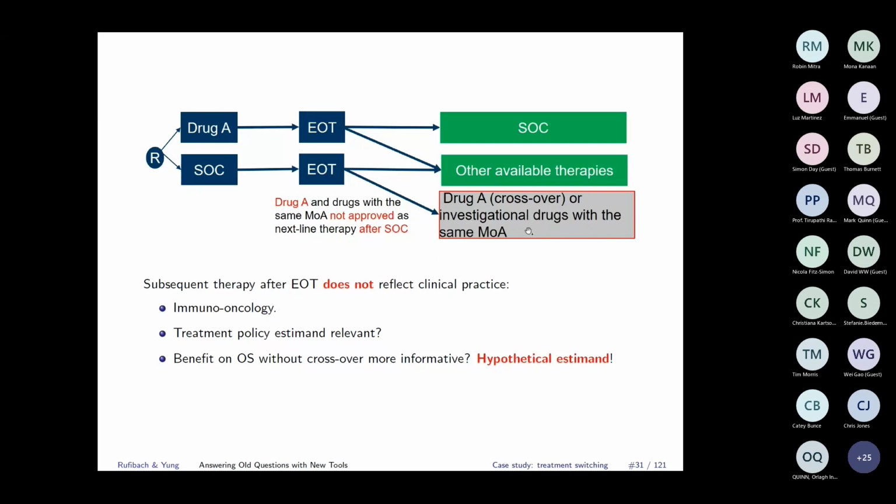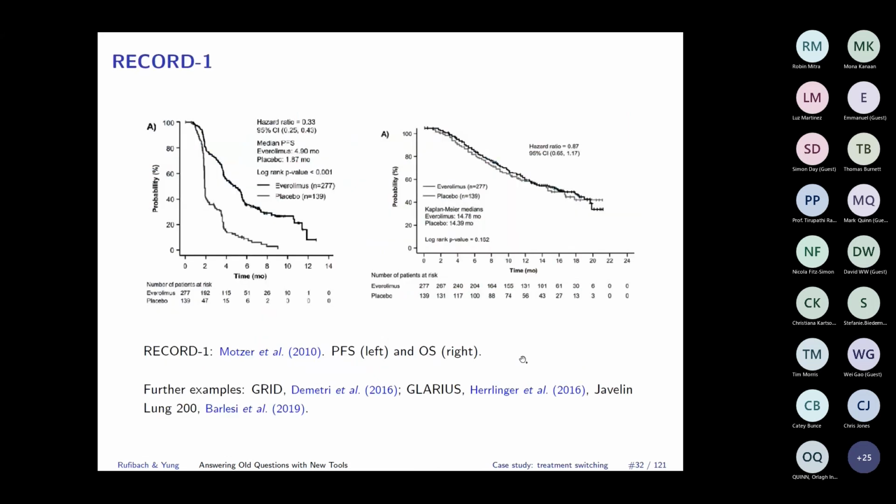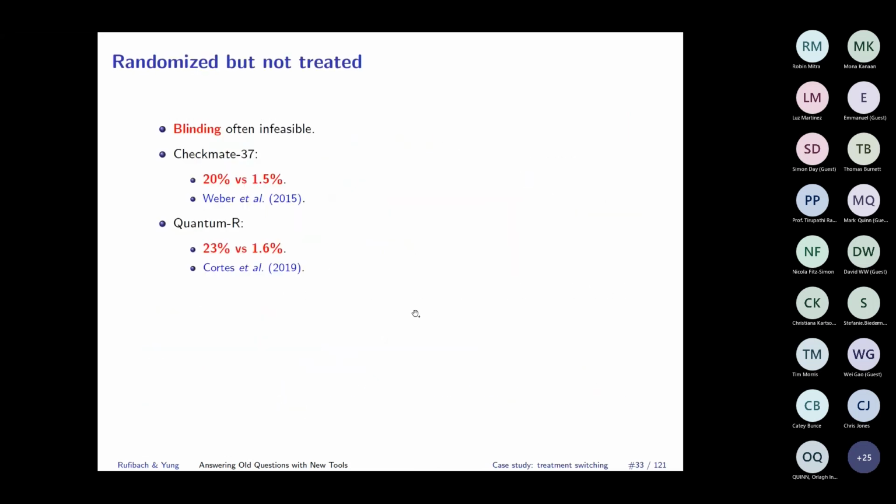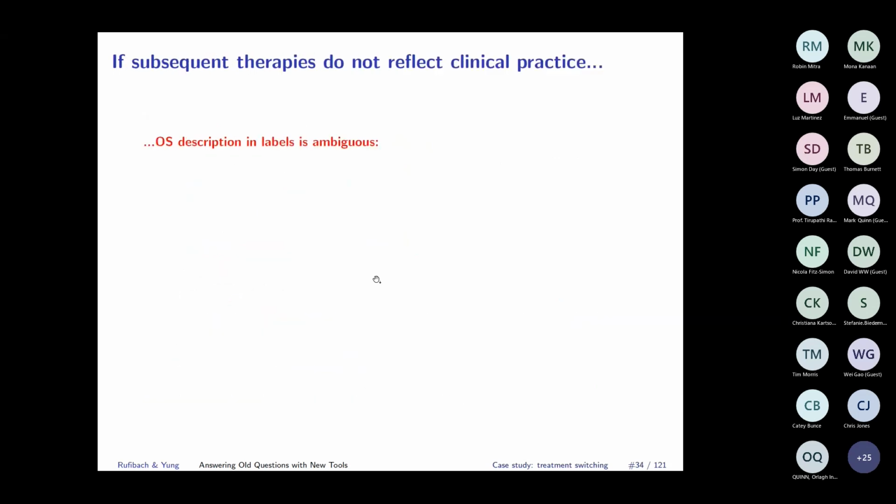Maybe these drugs will never be approved, and then patients will not get these drugs. So it's not clear how to interpret the effect I get. You can estimate this hypothetical estimate with certain statistical methods, but I'll wrap things up now. This is another feature I will skip.